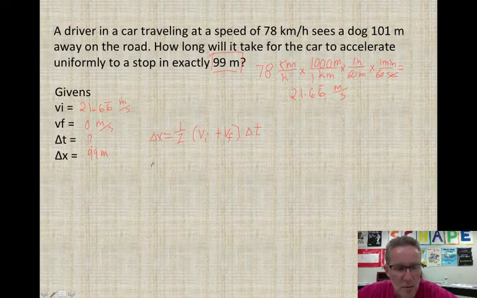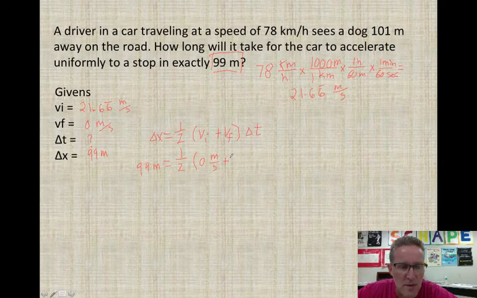Okay, so we're given the change in X, so I'll just put that below: 99 meters. 1/2 is always going to be, and then we have a VI of 0, and we have a VF. Actually, that was the VF, and it doesn't matter because it's adding, so I'll put a little arrow so you know.